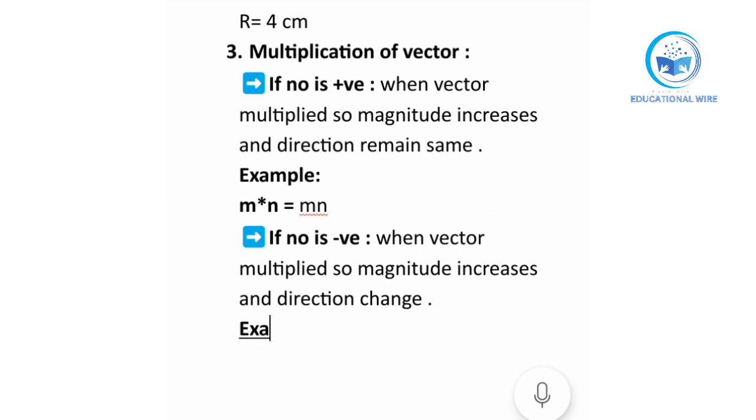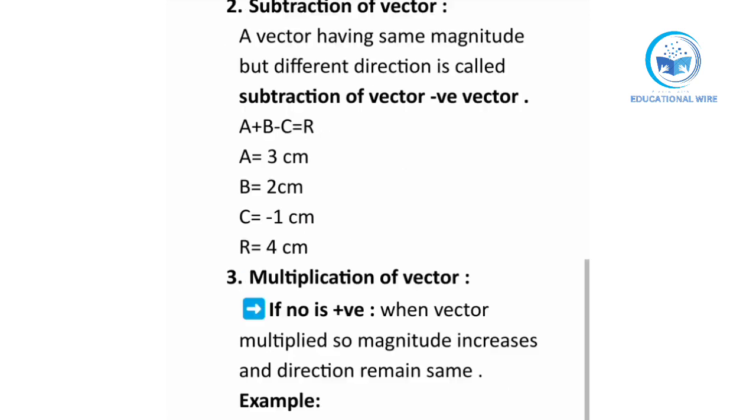Let's take one example over here. First we will take one example where we are having one value in minus, m multiply n, so the answer will be negative, minus mn. Okay, now let's do it with the graphical method.